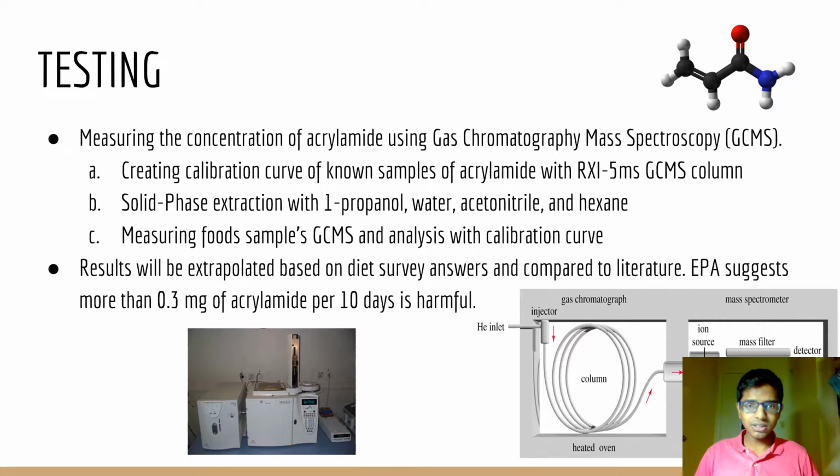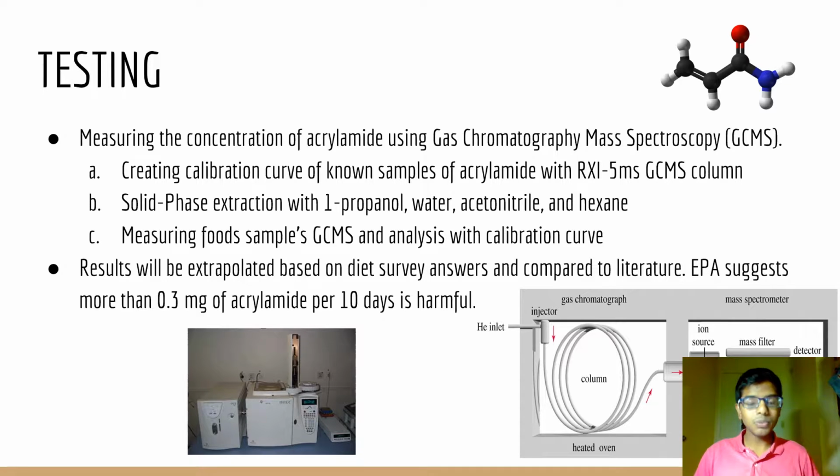So to measure the concentration of acrylamide, we used gas chromatography and mass spectrometry. This is a very complex and very accurate technique that is widely used in the scientific community. So to determine any concentration of any known molecule in any sample, gas chromatography mass spectrometry has the highest accuracy.